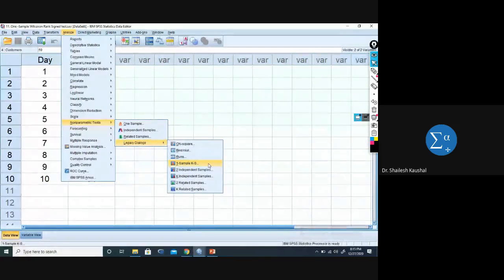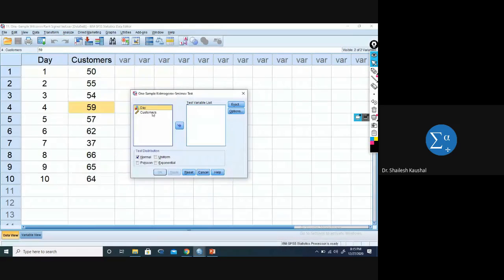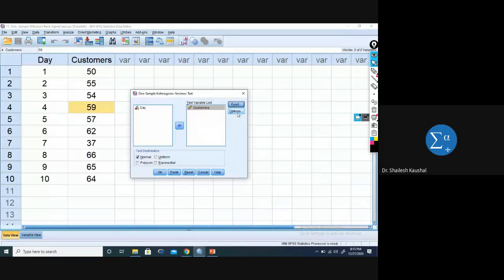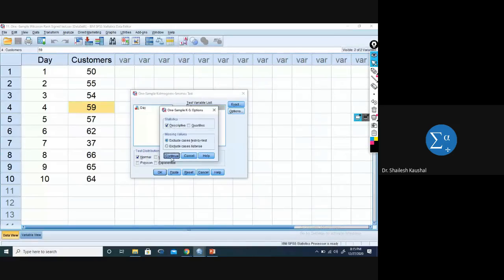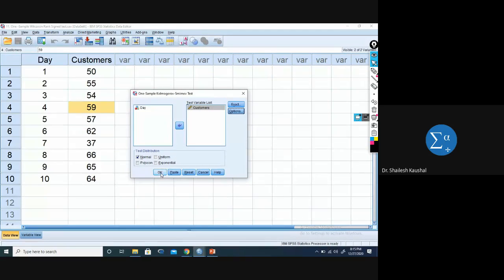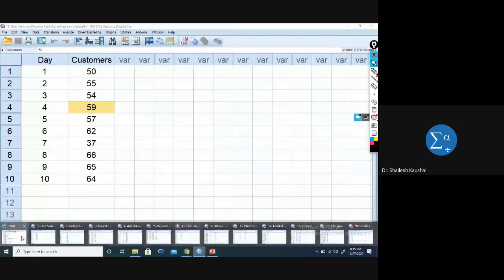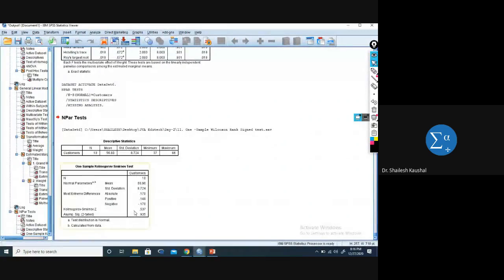Now transfer the customer variable here, test distribution normal or descriptive statistics, and continue. Whether it is significant or not, what is the p value?